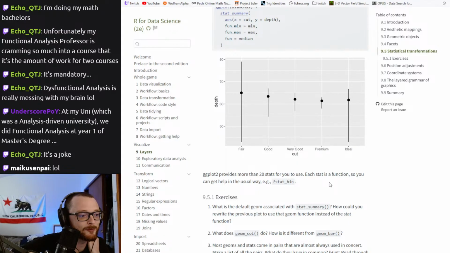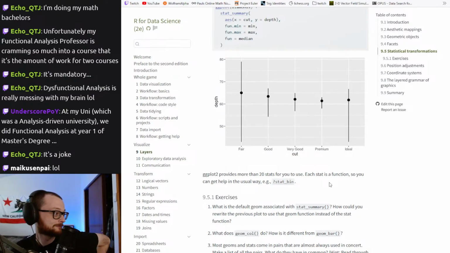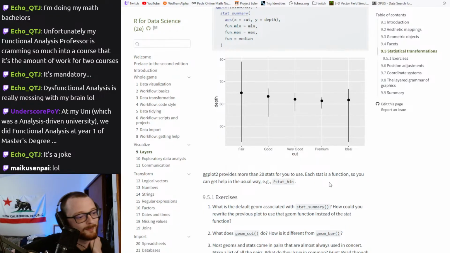MIU, which is an analysis driven university, did functional analysis at year one of a master's degree. That's more understandable. I can see that maybe at the end of year one when you do measure theory first.